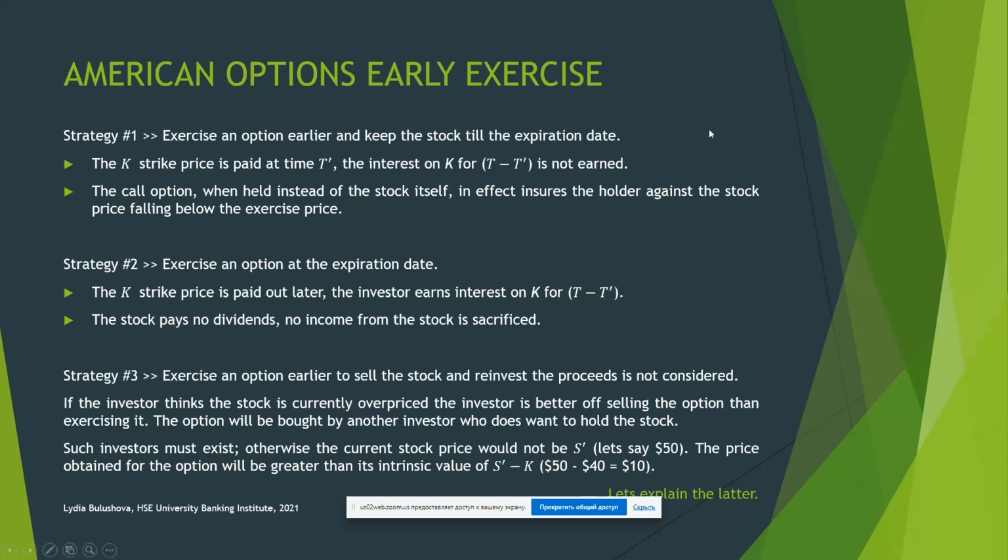We're keeping the stock, right? So we don't earn interest for this period of time that lasts from the date we exercise the option to the option expiry. So the call option, when held instead of the stock, insures the holder against the stock price falling below the exercise price.